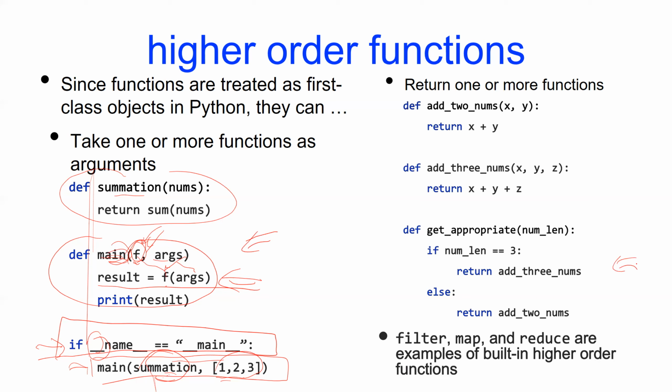So now we are defining two functions, the first one is called add two numbers, then this is add three numbers. The behavior of these two functions is very similar. Basically, depending on how many parameters you are passing, I just return the summation of those numbers. But the difference is whether you are passing two numbers or three numbers. So slightly different.